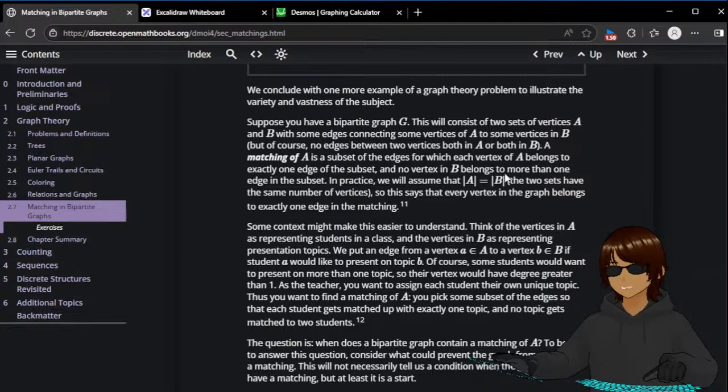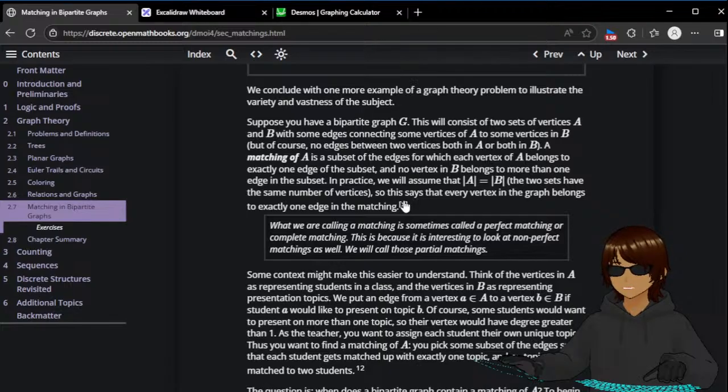And no vertex in B belongs to more than one edge in the subset. In practice, we will assume that the number of elements in A is equal to the number of elements in B. The two sets have the same number of vertices. So this says that every vertex in the graph belongs to exactly one edge in the matching.